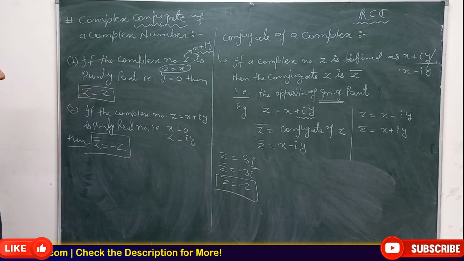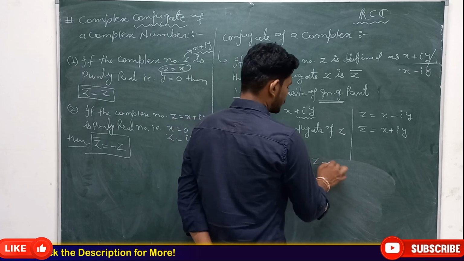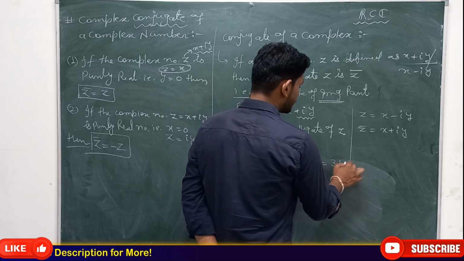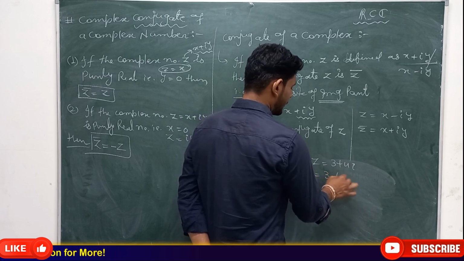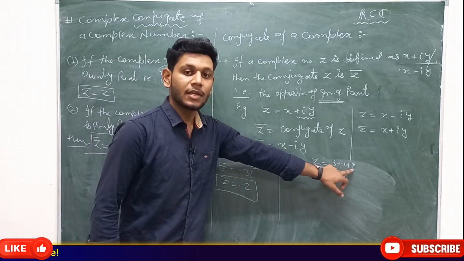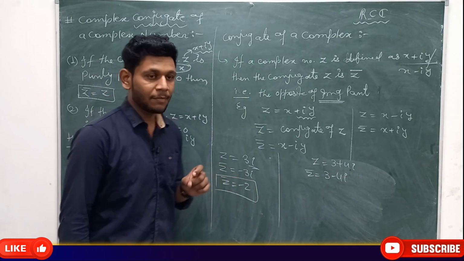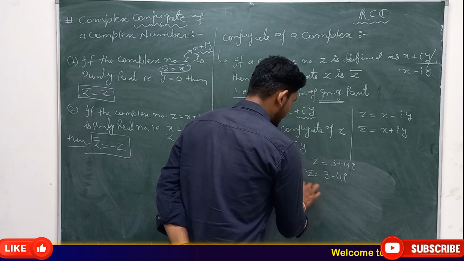Now third and very important property. If I have my z is equal to, okay, 3 plus 4 iota, then the complex conjugate is nothing but 3 minus 4 iota. Sign change कर देंगे आप. जो imaginary part है उसका sign change कर दिया हमने. ओके, अब मैं वापस से इसका क्या करता हूँ? z bar का bar करता हूँ.